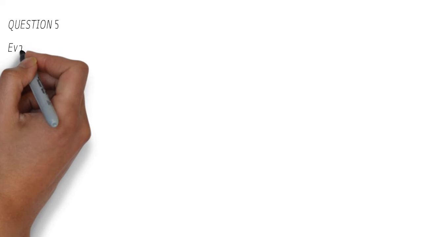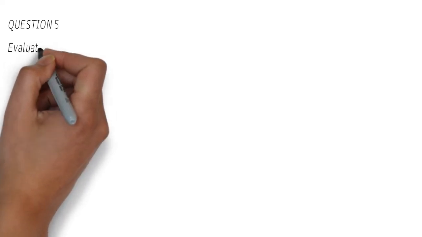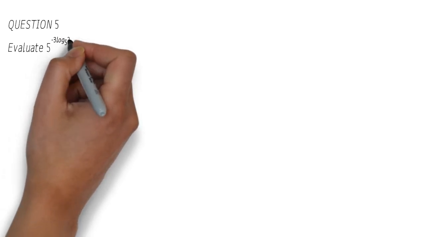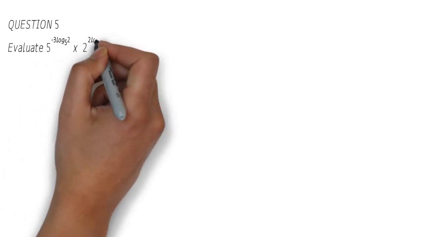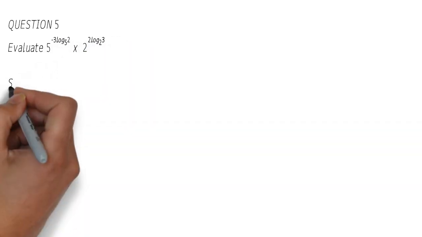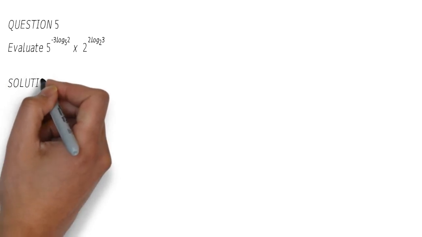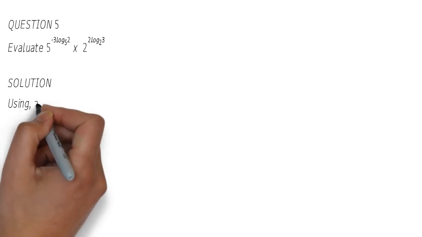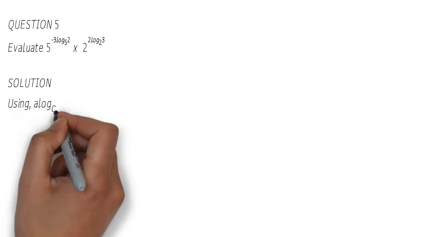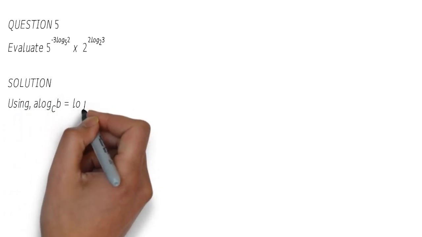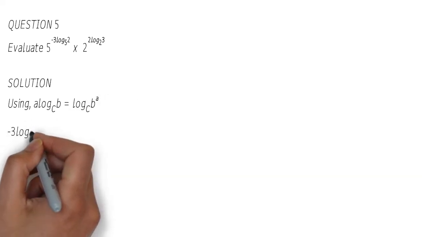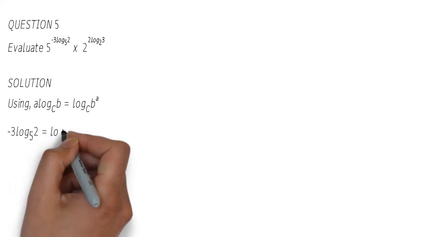Now, the best way to go about it, of course, is to first of all bring down the heavy load on base 5 and the heavy load on base 2. So let us treat the logarithm separately. Using the fact that a log b to base c is log b raised by a to base c, we can evaluate the logarithm first.